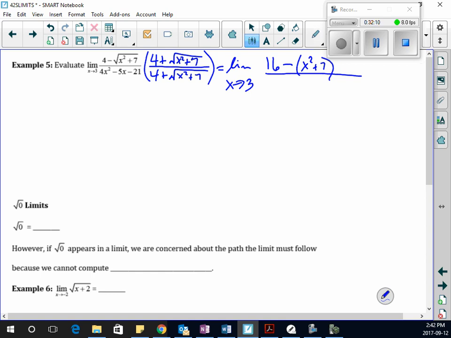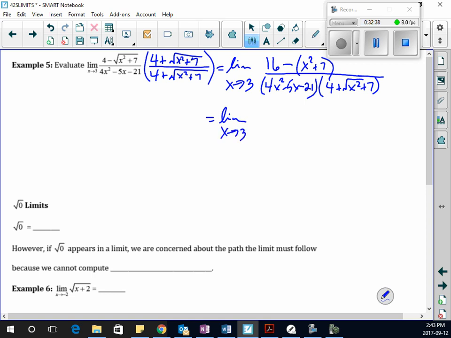So unless you can find the factors right away, I wouldn't try to factor it by guess and check. I would wait until it pretty much shows me what the factors are, because you saw in the last one the factors will end up canceling, right? So I'm going to have 4x squared minus 5x minus 21, and then 4 plus square root of x squared plus 7.